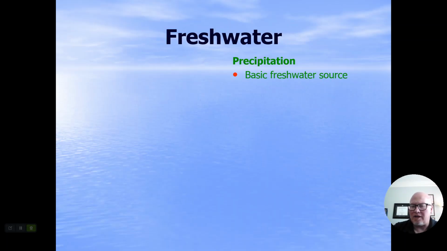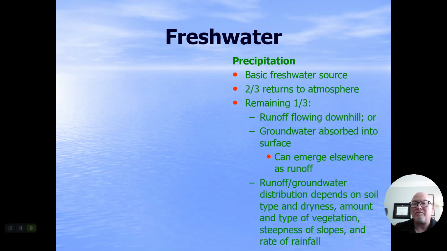So fresh water comes to Earth by way of precipitation. This is our basic freshwater source. Two-thirds returns to the Earth's atmosphere. About a third of it ends up running downhill and joining other water sources, streams and rivers and whatnot, as runoff.